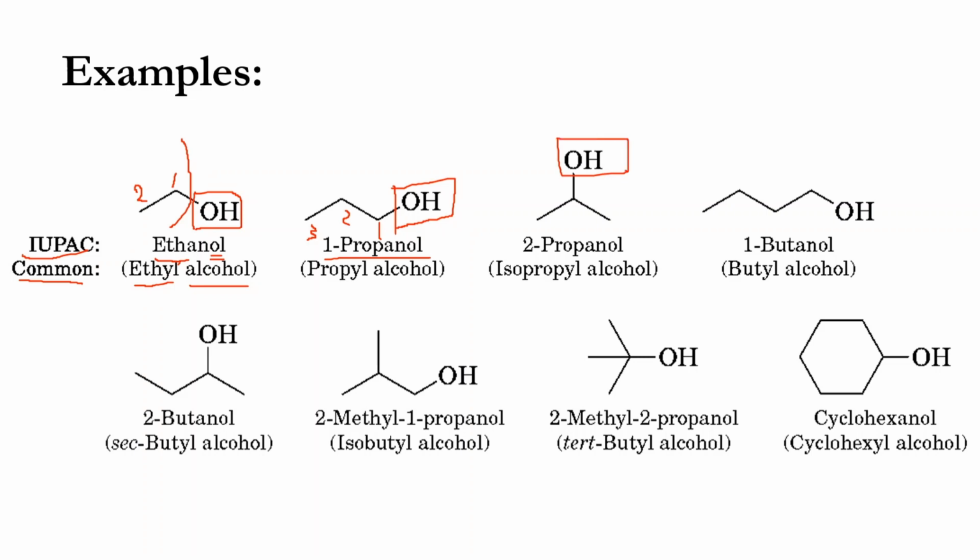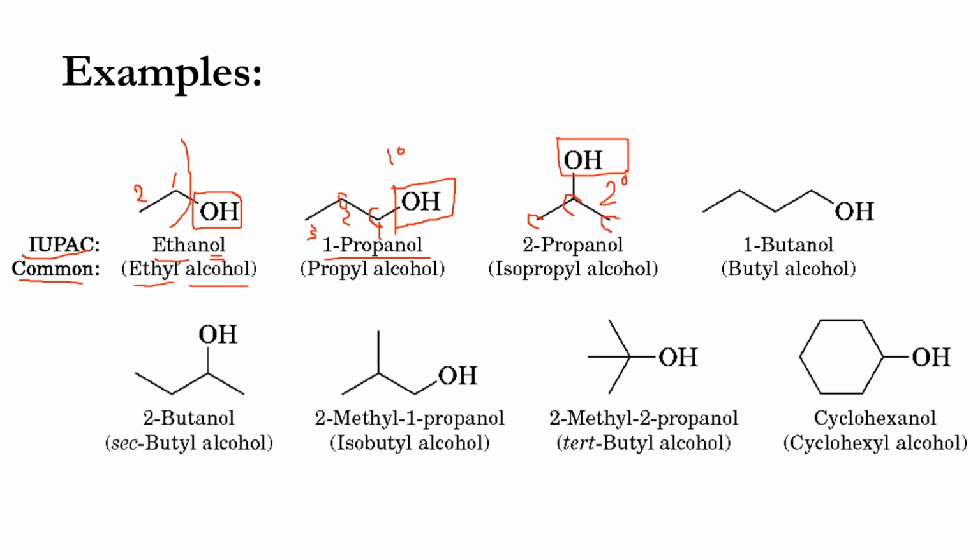This one is a primary because your carbon here is bonded with one other carbon. In the next example, the carbon that bears your OH is bonded to two other carbon atoms. So this is primary, and this is secondary.